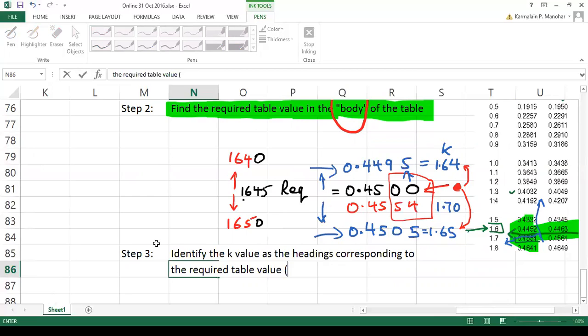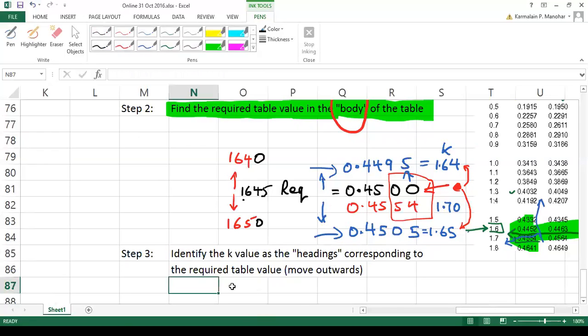Right? So again, move outwards. So moving outwards, identify your headings. Again, let me put headings in inverted commas here, very important. So k value is the headings corresponding to that.